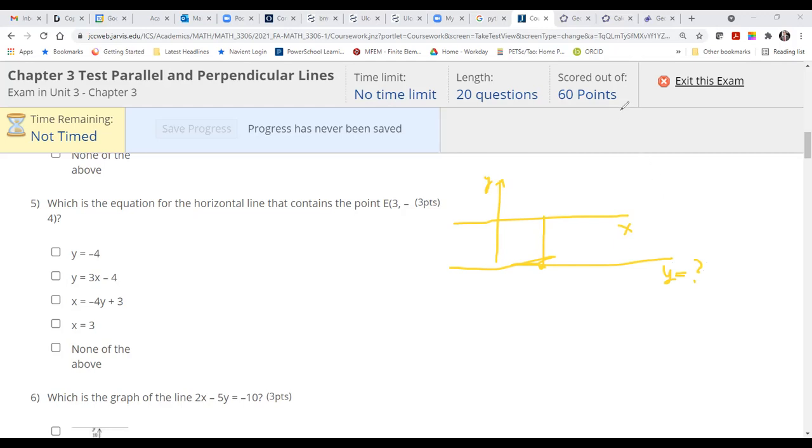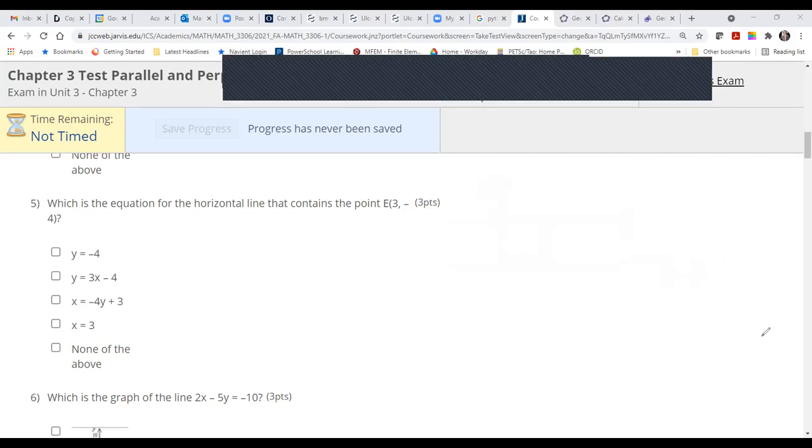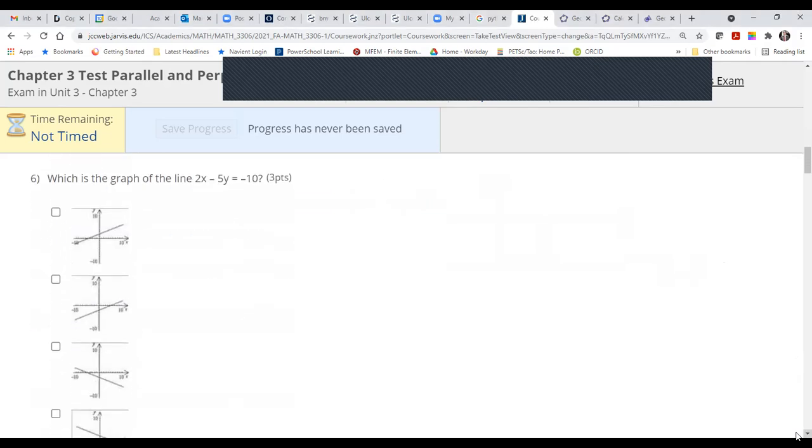Okay, so the next one. Also, you have to hurry. Based on the graph of the line, yeah.